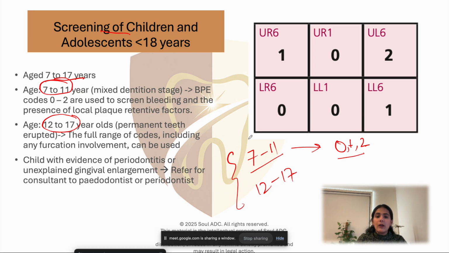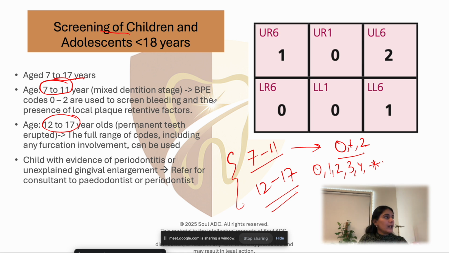Now, when I talk about your 12 to 17, we are going to use the full range, that is 0, 1, 2, 3, 4 star. Okay. Why can we consider that in them? Because they can also have aggressive periodontitis.